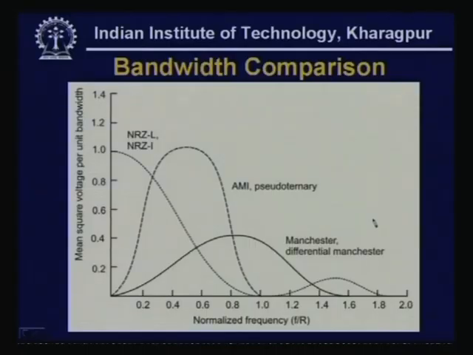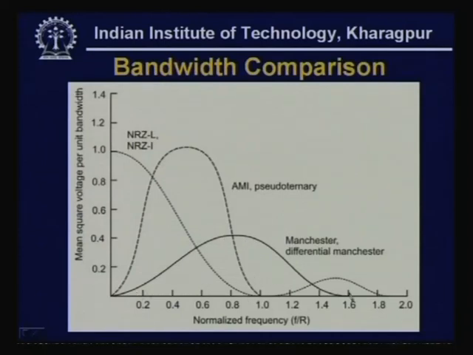If we compare the bandwidth of the different signals, we find that NRZ-L and NRZ-I have got lower bandwidth. However, because of the presence of DC component and the low pass nature of the signal, it is not attractive. On the other hand, Manchester and differential Manchester encoding has got very good bandwidth spectrum shape. It has got most of the frequency components in the middle.